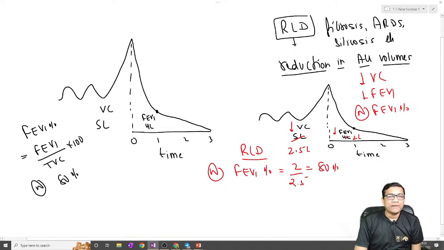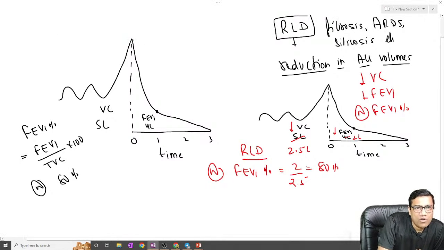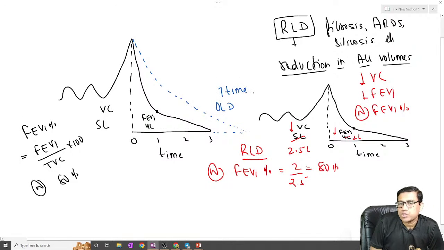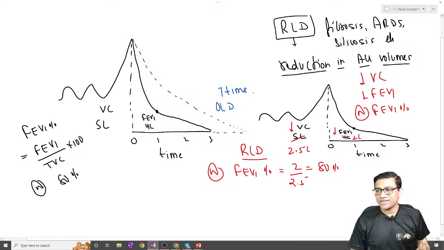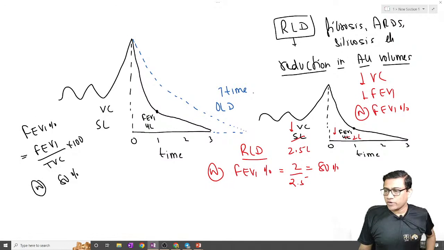So the volume will remain almost unchanged, but the time will increase. This is our OLD: increased time due to slow flow rate. So obstruction causes a decrease in the flow rate.